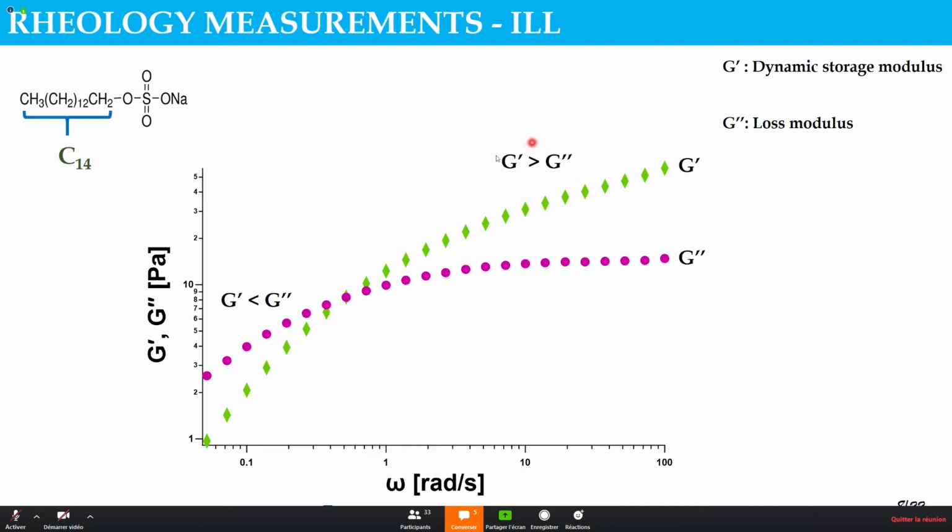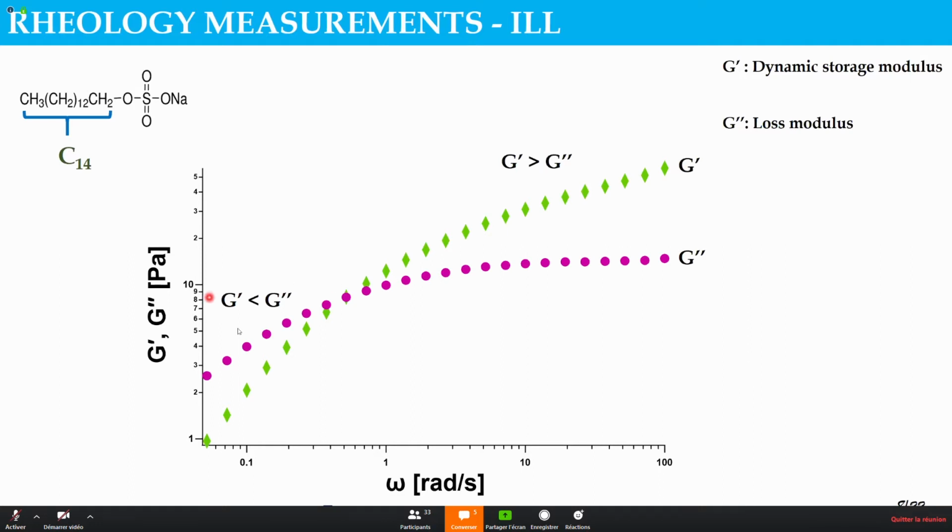When G prime is higher than G double prime, so we are in this part of the graph, it just means that we are applying a force to our sample, but this force is not higher than the force in the microstructure. And so the sample is able to store energy. And when we remove this force, it is able to go back to the equilibrium position.